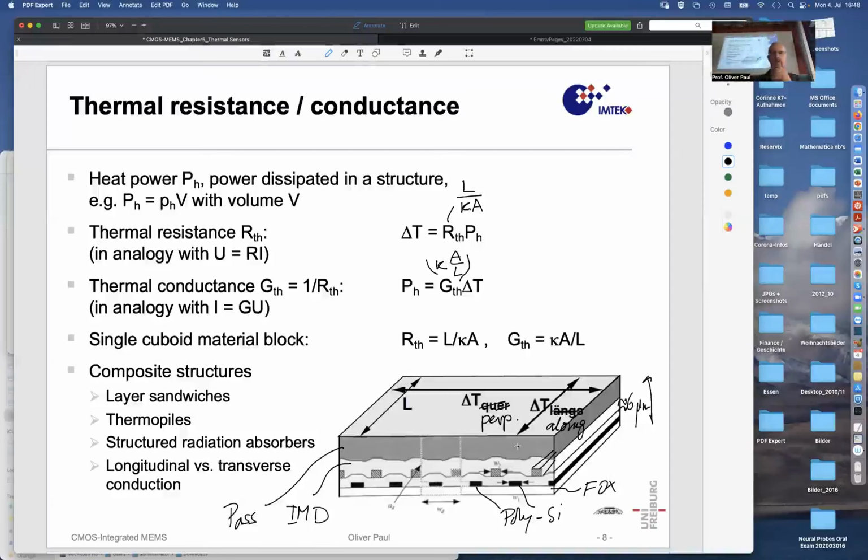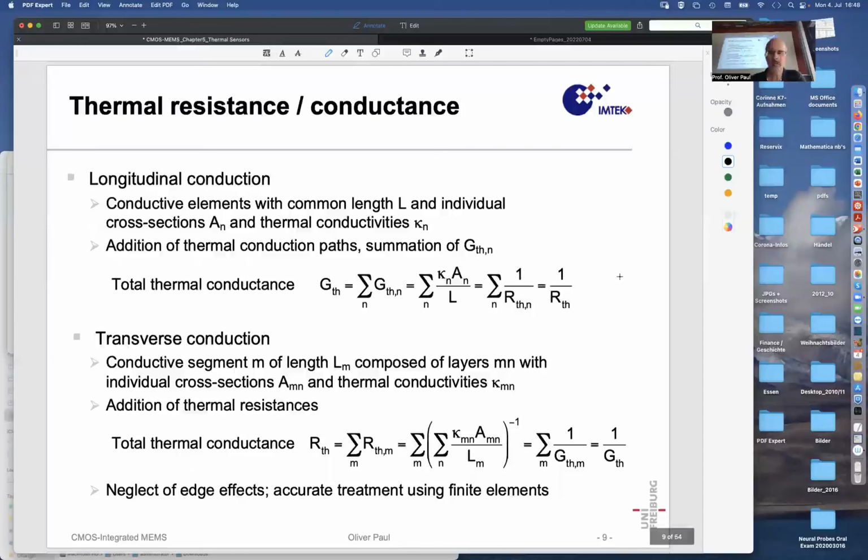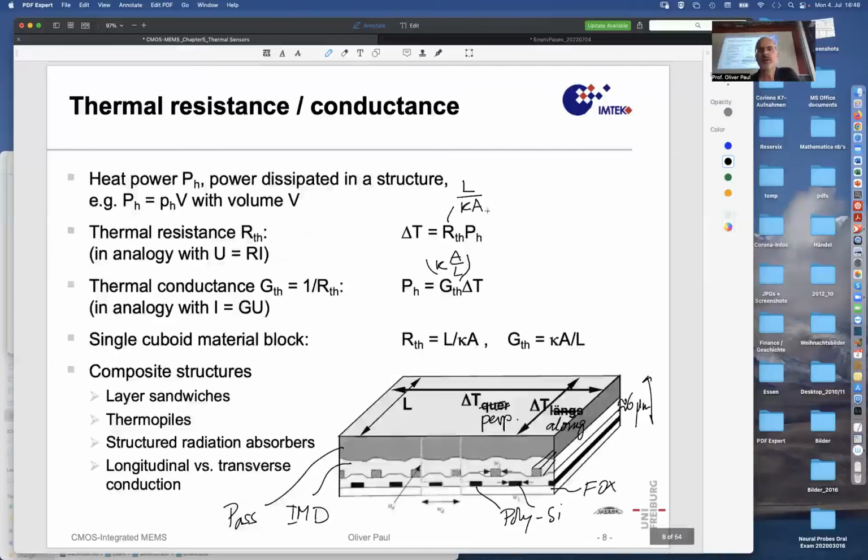So if I look at the longitudinal case, I'll just prepare that. Longitudinal, the G thermal is equal to the sum of the individual materials. I can put an i here, and it goes over all the materials.